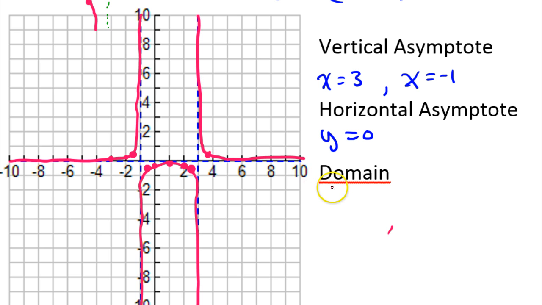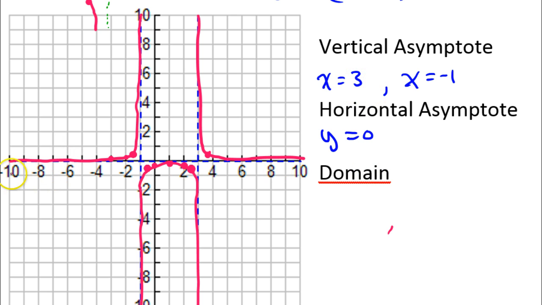All right, let's talk about the domain. Now, this graph goes left forever and right forever, but there are 2 vertical asymptotes which must be skipped. So when you do your domain, look at your vertical asymptotes. Remember, I have vertical asymptotes at -1 and 3.